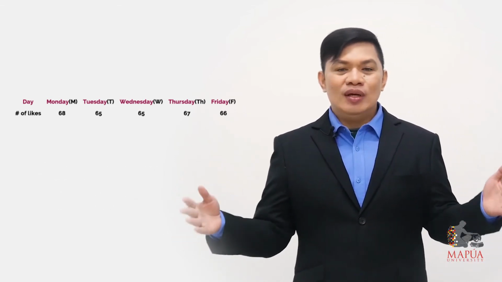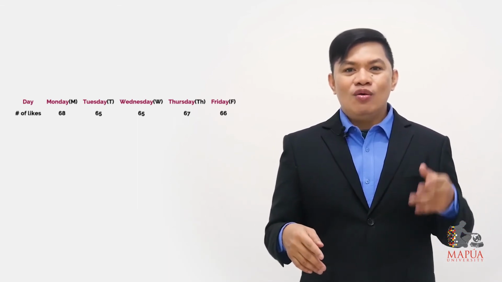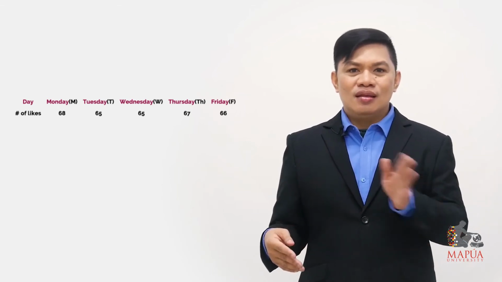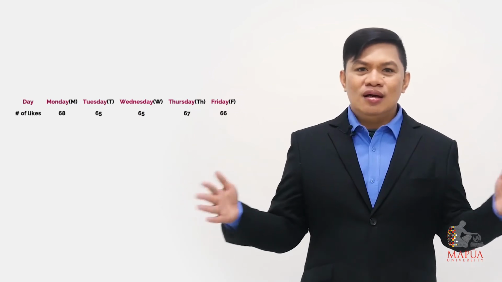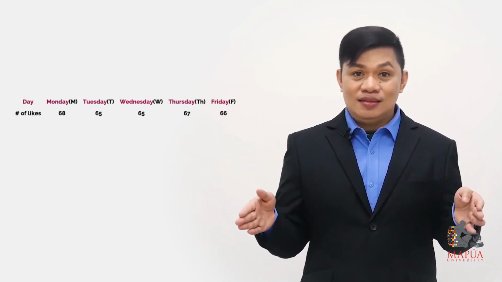So the selection will just be Monday, Tuesday, Wednesday, or Monday, Wednesday, Friday, or Monday, Tuesday, Thursday, or maybe Wednesday, Thursday, Friday. So these are the possible groupings of your sample of days.